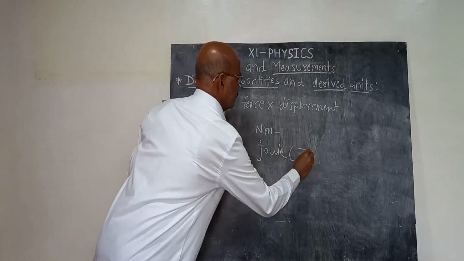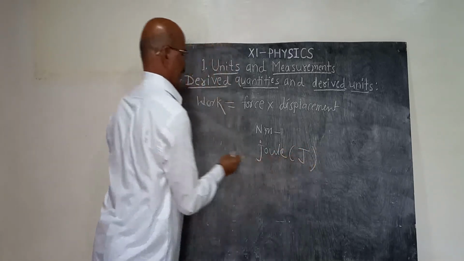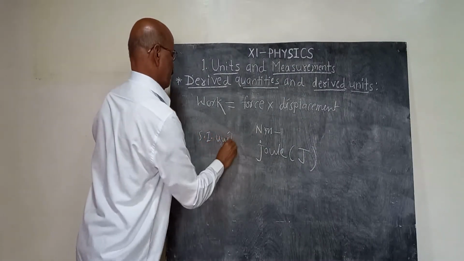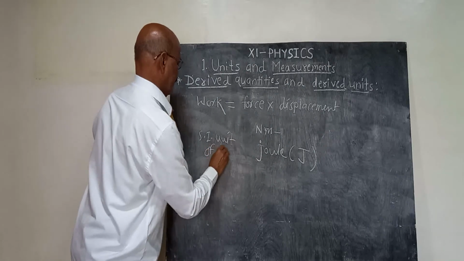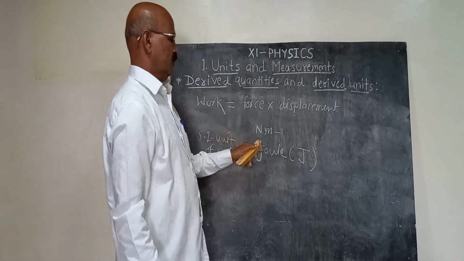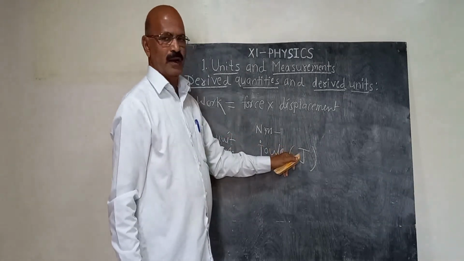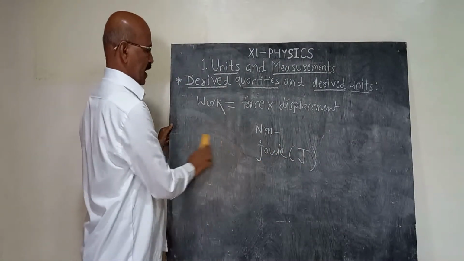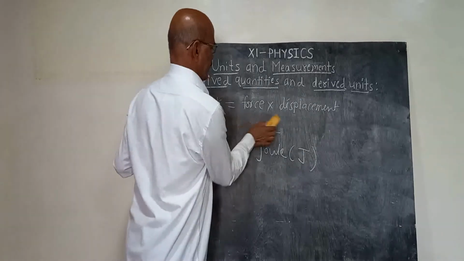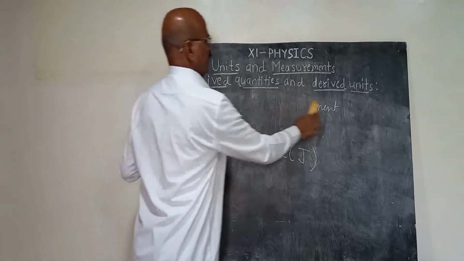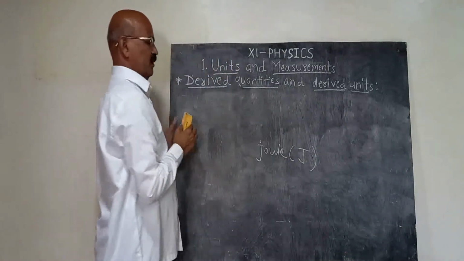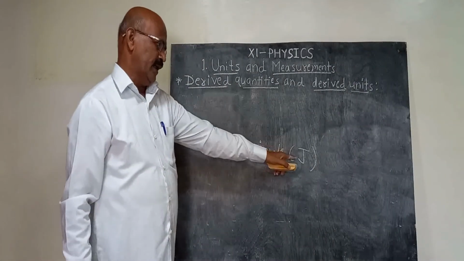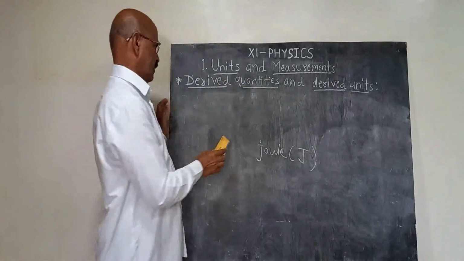Its symbol is capital J. So the SI unit of work is joule, symbol capital J. Then another derived quantity is energy. Its SI unit is also joule, symbolically capital J.